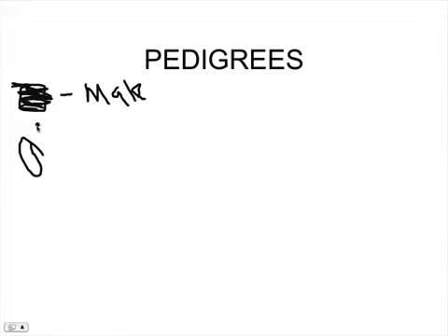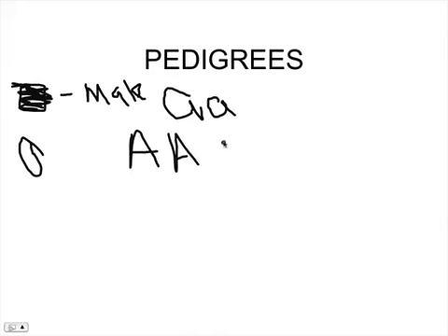So if I have this case here, let's say it's blue eyes versus brown eyes. This one here would be little a for brown eyes. This one here could be big A for brown, or big A, little a for blue. Another thing about pedigrees is that if I draw my pedigree, this line here says marriage.